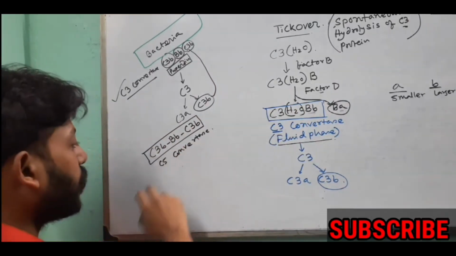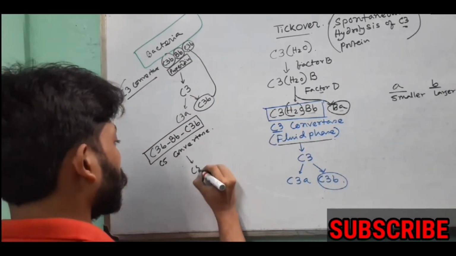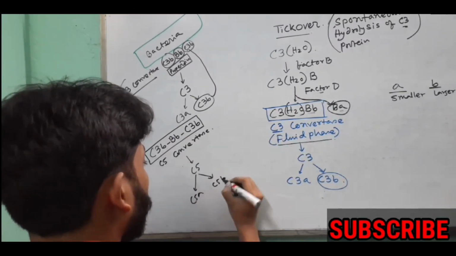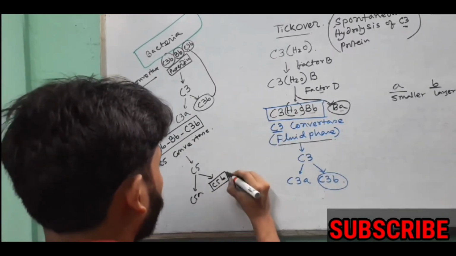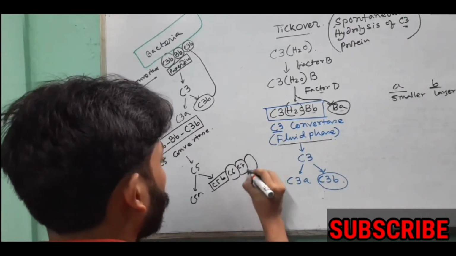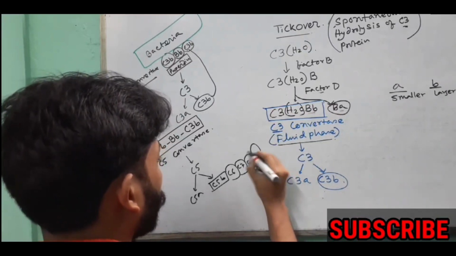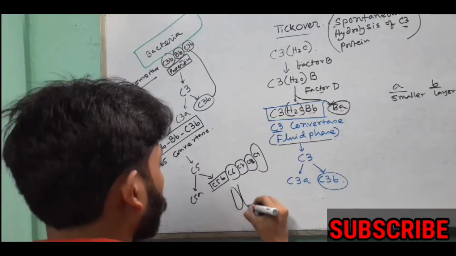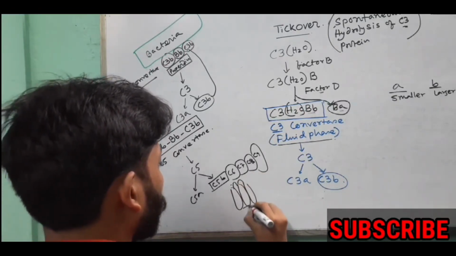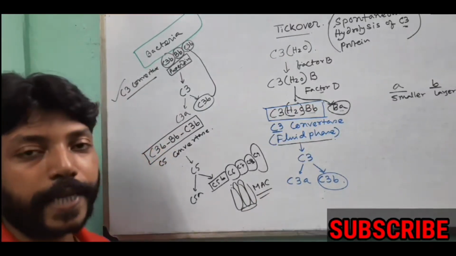Then the C5 convertase cleaves the C5 protein into two fragments, C5a and C5b. Now the C5b attaches with C6, C7, C8 and then C9, forming multimeric C9 to produce a pore-like structure called MAC, the membrane attack complex.